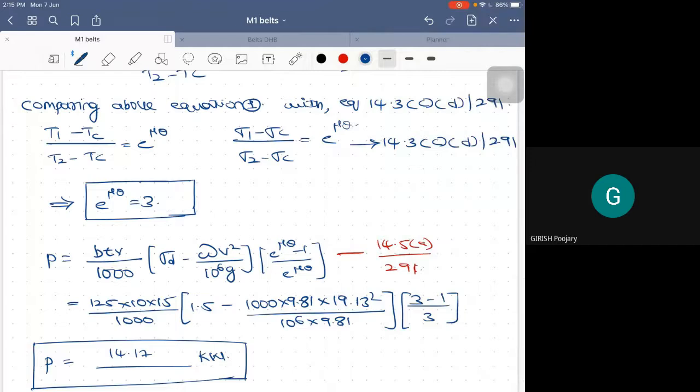So 14.17 kilowatts. Everyone getting the same answer? Good, very good.